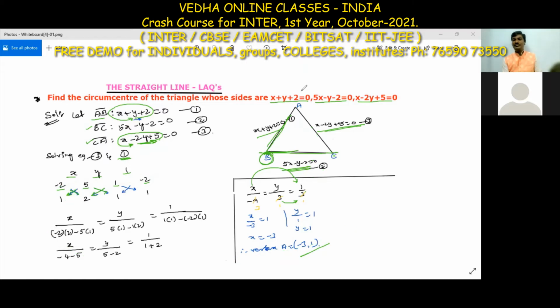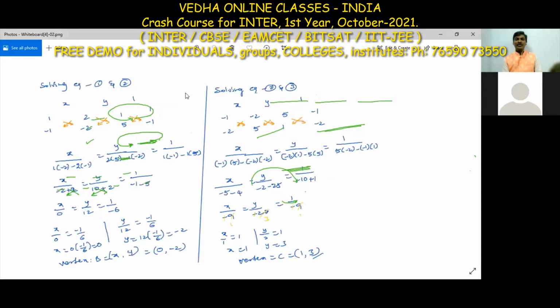Now we want the B point, so we solve equations 1 and 2. Again, we take x, y and 1. For equation 1, y coefficient, constant, x coefficient, again y coefficient.